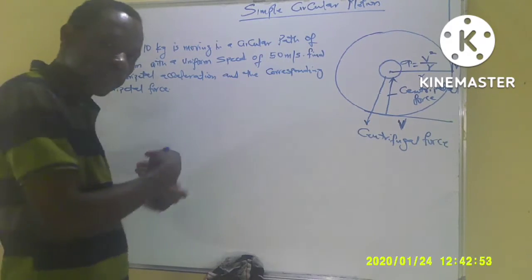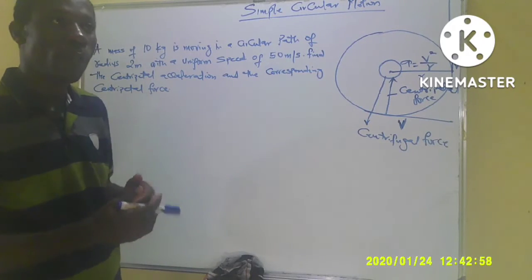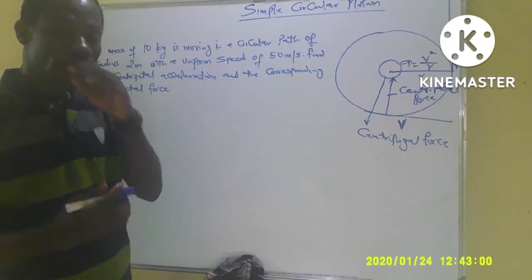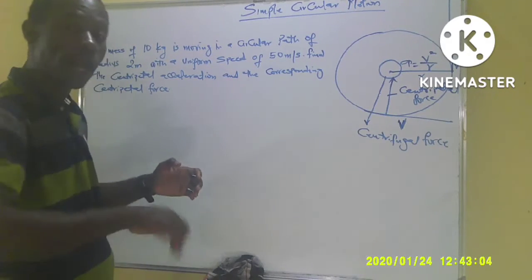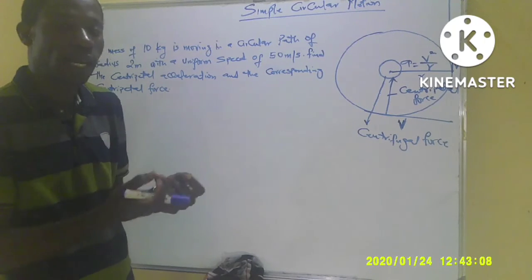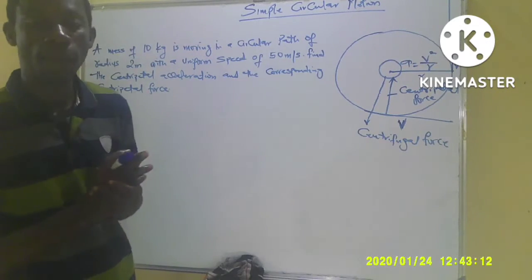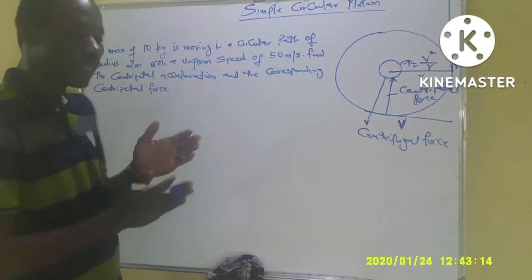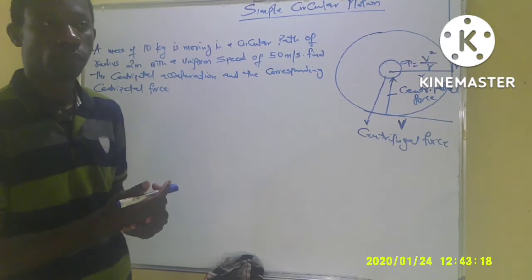That force that attracts it towards the center is what we call the centripetal force. But at the same time, there's another force that tends to keep the vehicle away from the circular path. If the tire of the vehicle is not properly gripped to the ground, the vehicle tends to skid and move away from the path, and that force that takes it away is what we call the centrifugal force.